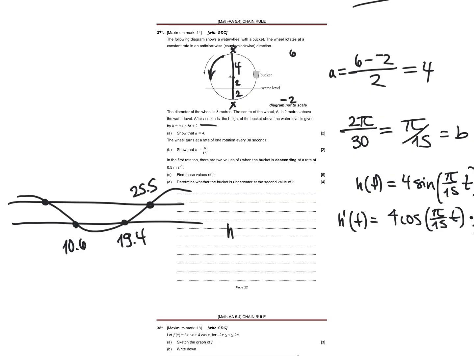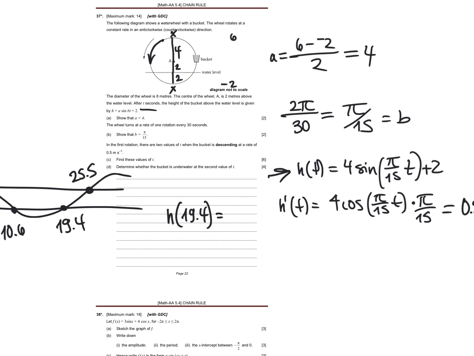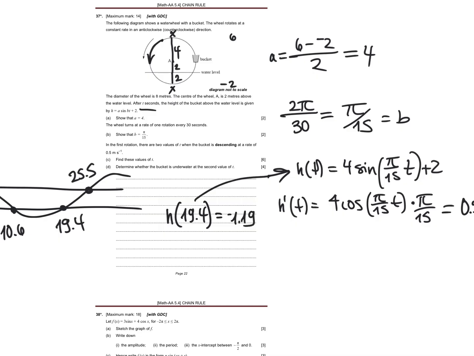So we want to do the height at 19.4 into the regular function, okay? And when you do that, you get negative 1.19, you know it's underwater because if this is 0, the height is negative 1.19.